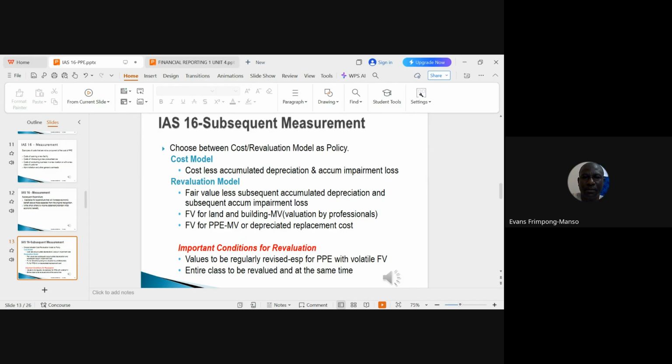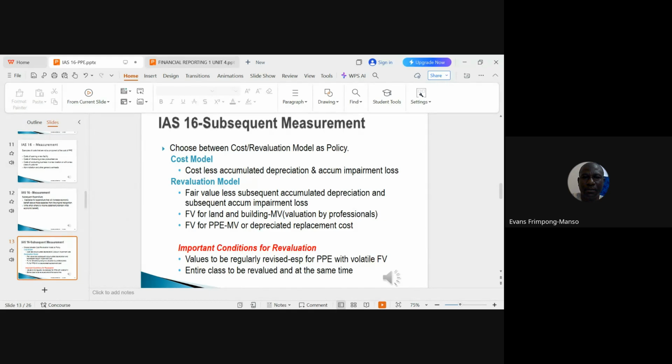So fair value also implies the replacement cost of the asset. If you want to replace the asset today, how much will it cost? So the revaluation model at times is also called the replacement model or the replacement cost.